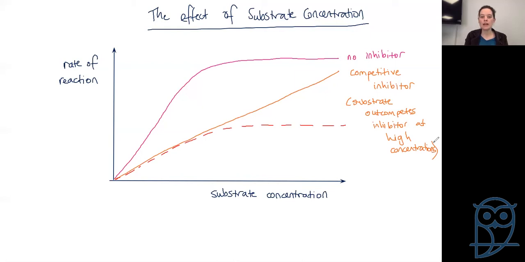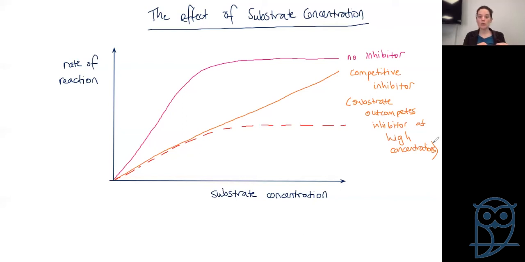So we've got this idea that the more substrates we have, then the more likely that enzyme is to bump into a substrate. So this is why we get this nice straight line, because effectively it's a one-on-one relationship. That, remember, our inhibitor concentration at this stage is staying constant.